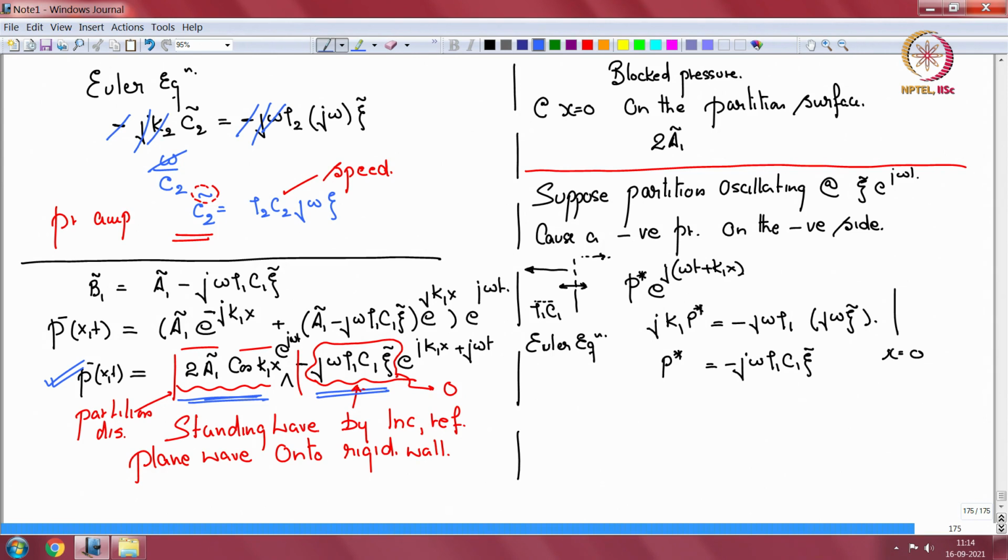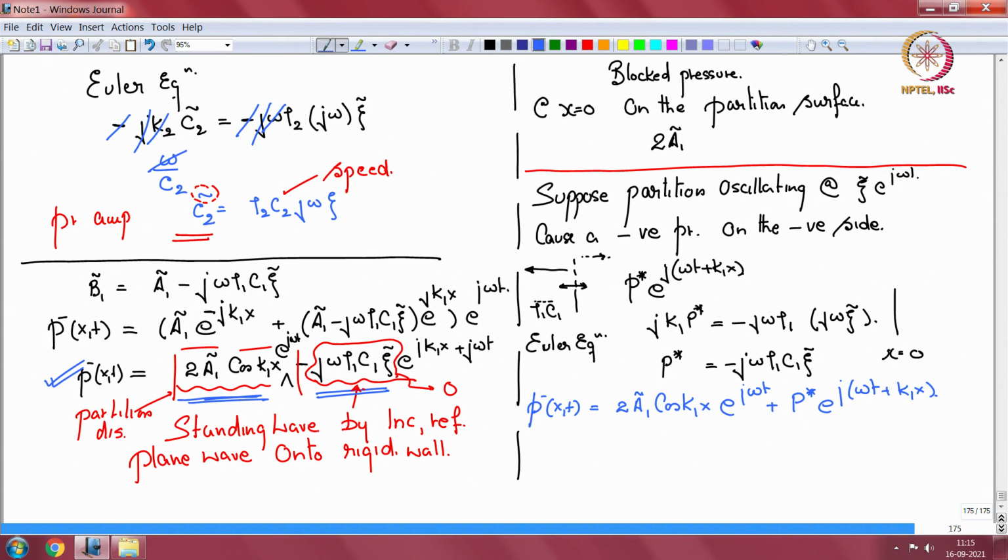So my negative side pressure P minus x comma t can be written as twice A tilde cos k1x e to the power j omega t plus P star e to the power j omega t plus k1x.